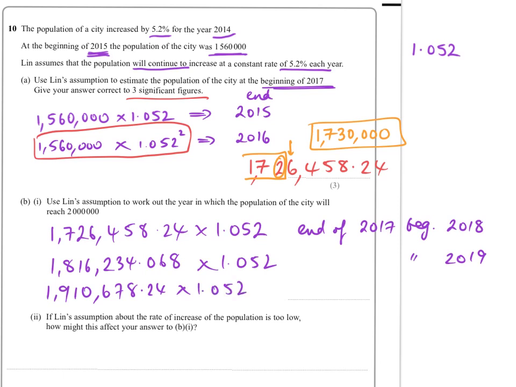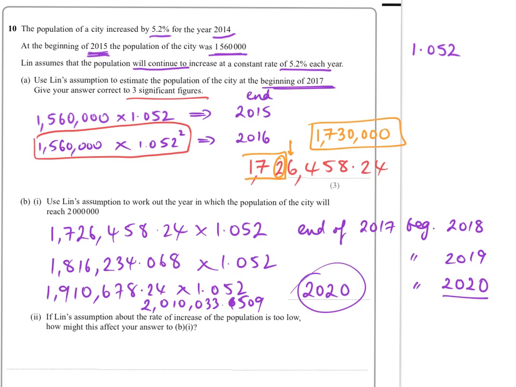That should bring it over the 2 million mark. So it's reached this at the end of 2019, so the beginning of 2020, and the population here is 2,010,033.509. So that's safely reached the 2 million mark, and so the year is 2020.